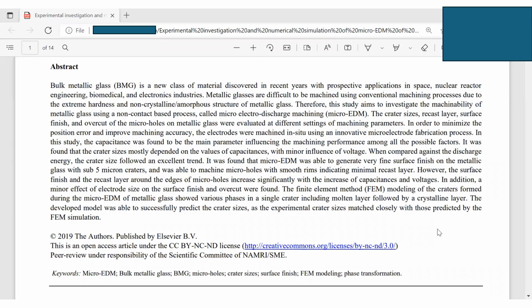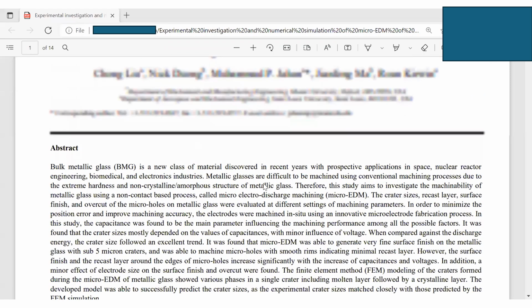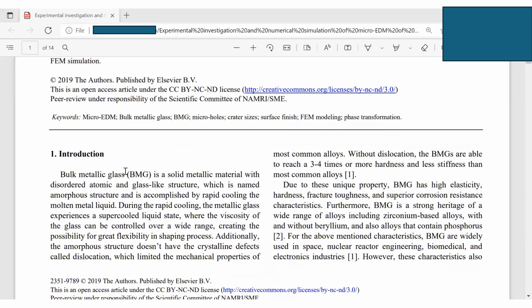And why is this material unique? You should know why it is unique. Bulk metallic glass is a solid metallic material with a disordered atomic, glass-like structure.